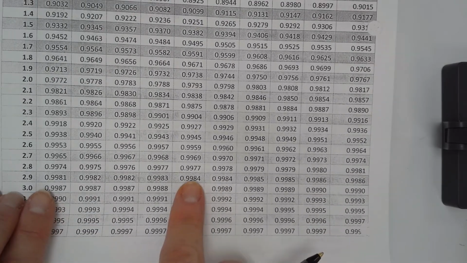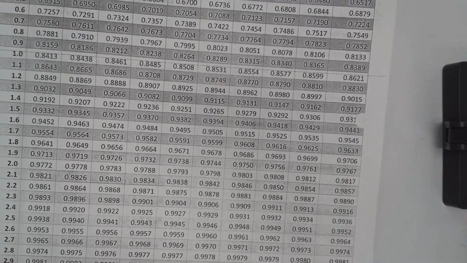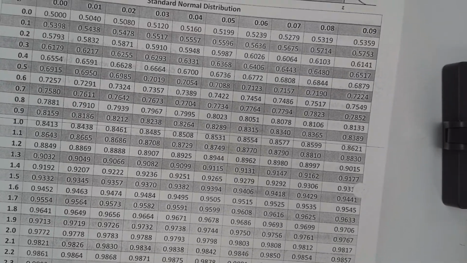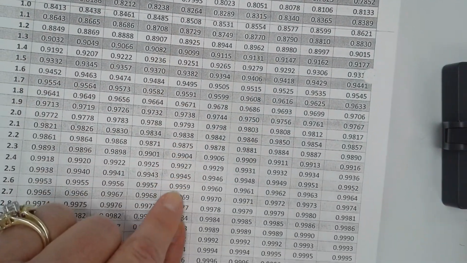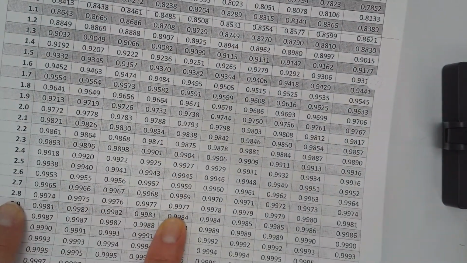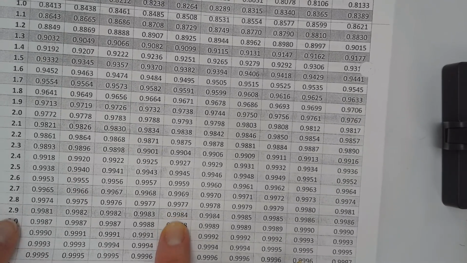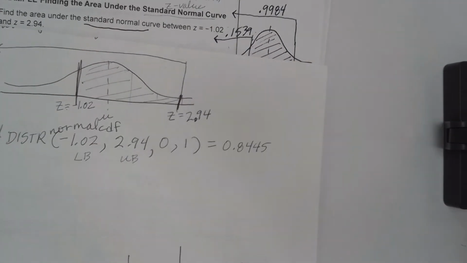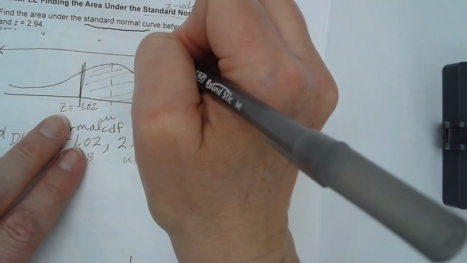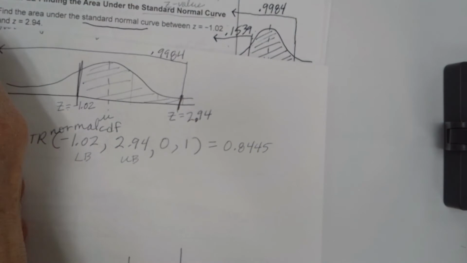So 0.9984 is the area all the way over to here.